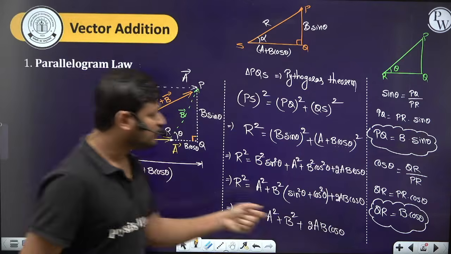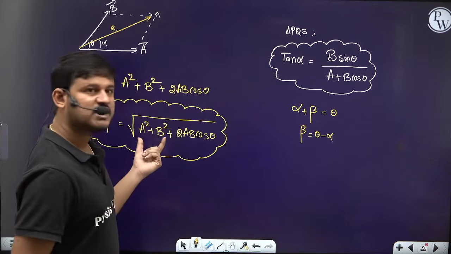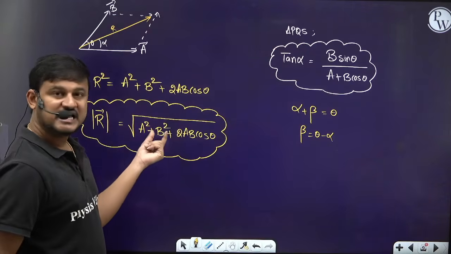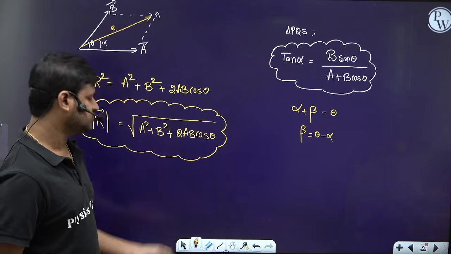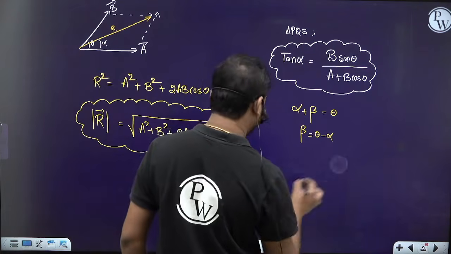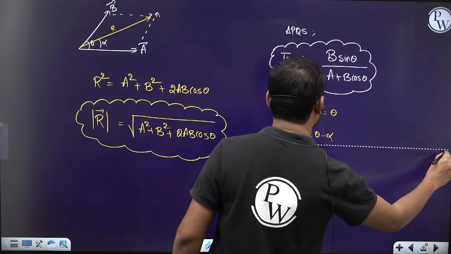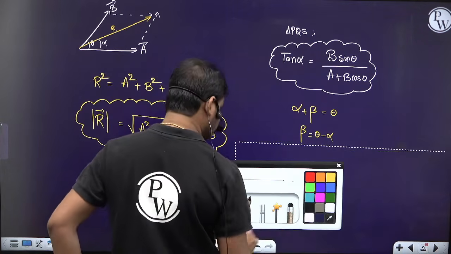So how do you find the magnitude of two vectors having an angle between them? Addition I am talking about: square root of A squared plus B squared plus 2AB cos theta. So simply I can write, for example, if there are two vectors P and Q, just write the formula along with me to remember.